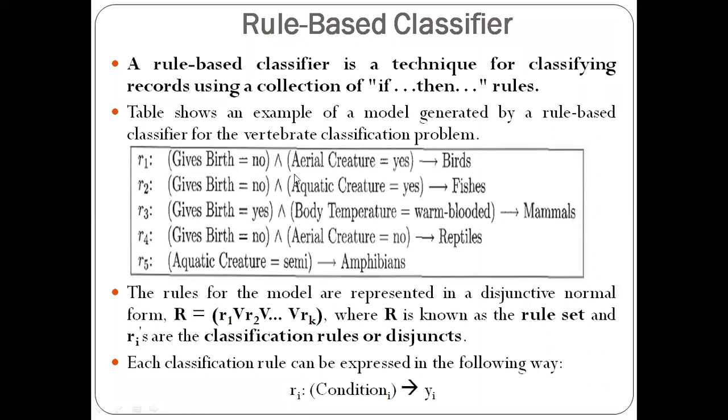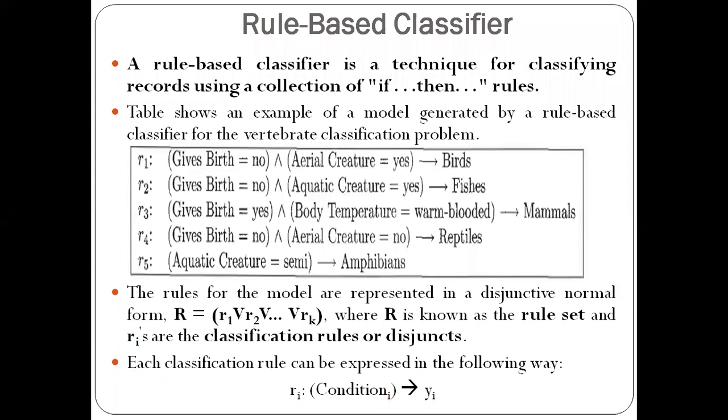The difference between the decision tree induction algorithm and the rule-based classifier is this: in decision tree induction, we construct a decision tree, and after representing the records in the form of a tree, we classify the records.